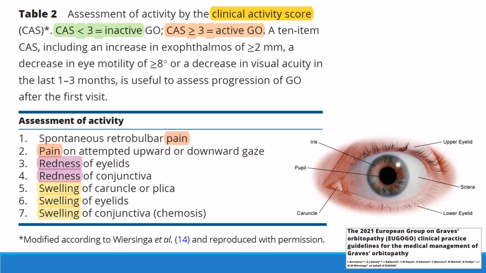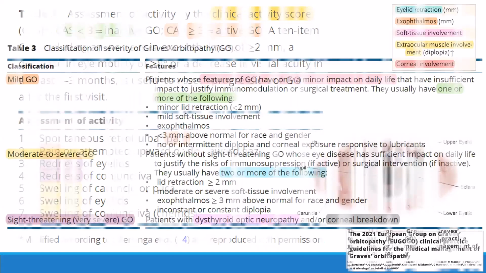It contains 2 of pain, 2 of redness, and 3 of swelling. Pain: spontaneous retrobulbar pain, or pain on attempted upward or downward gaze. Redness of the eyelid or conjunctiva. Swelling of the eyelid, conjunctiva, or caruncle, or oedema. So if anyone has a clinical activity score of 3 or more, this is active Graves' orbitopathy.